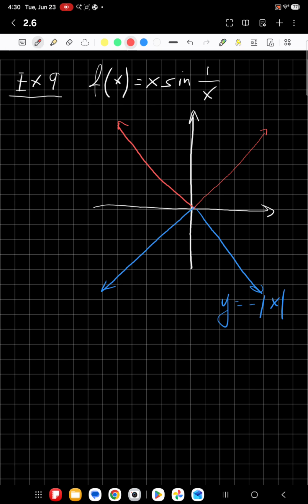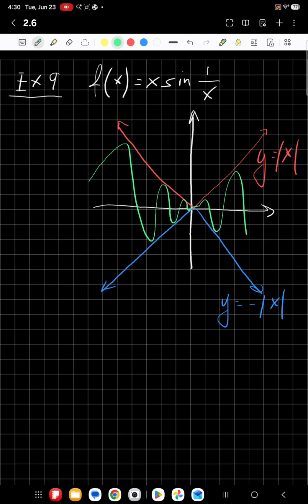This one is y equals absolute value of x. And our function, let me make it green. It's not easy to graph, but that function is between those two graphs, so it kind of oscillates between those two graphs.